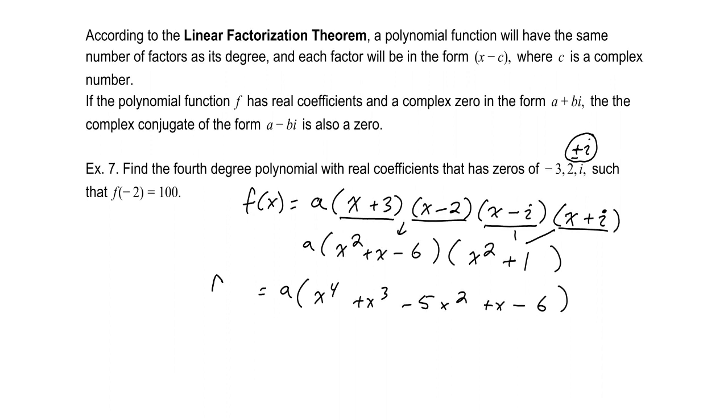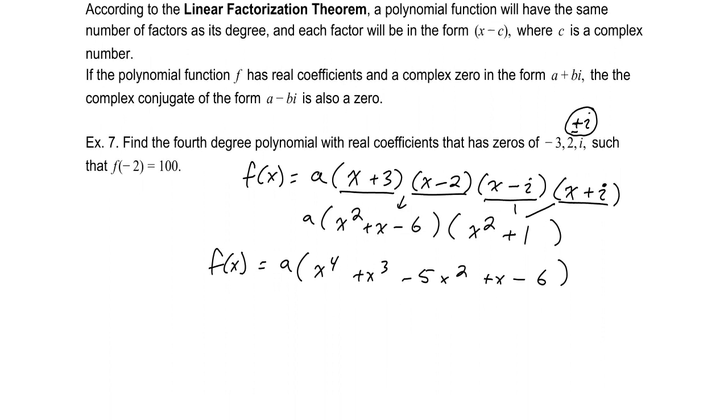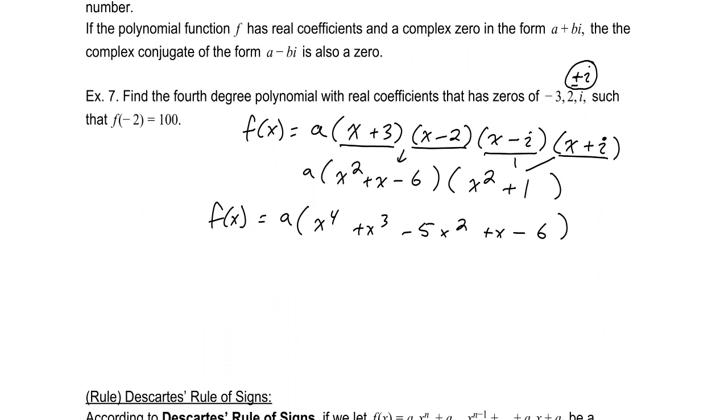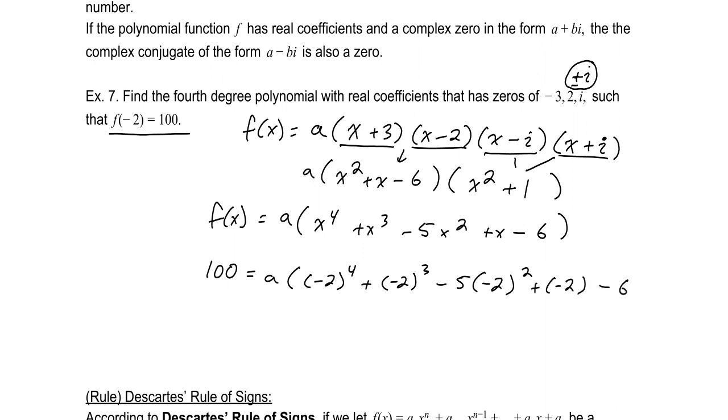Okay, and that is an alternate form of f of x. I prefer the factored form, but for now, f of negative 2 being 100 means the output is 100 if the input is negative 2. So a times negative 2 to the 4th plus negative 2 to the 3rd minus 5 times negative 2 squared plus negative 2 minus 6.